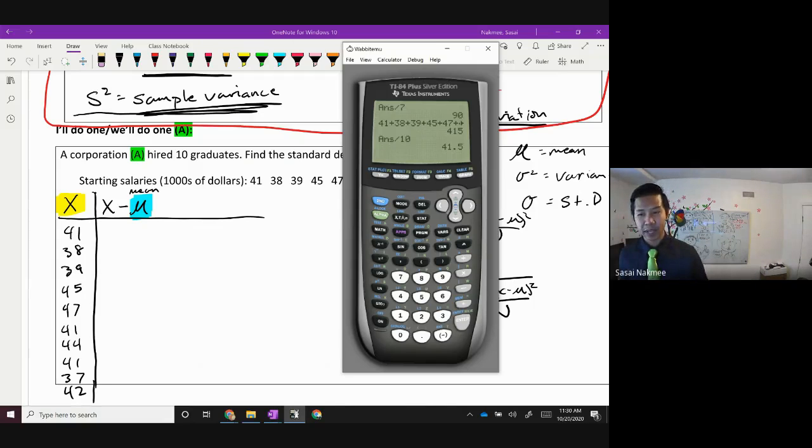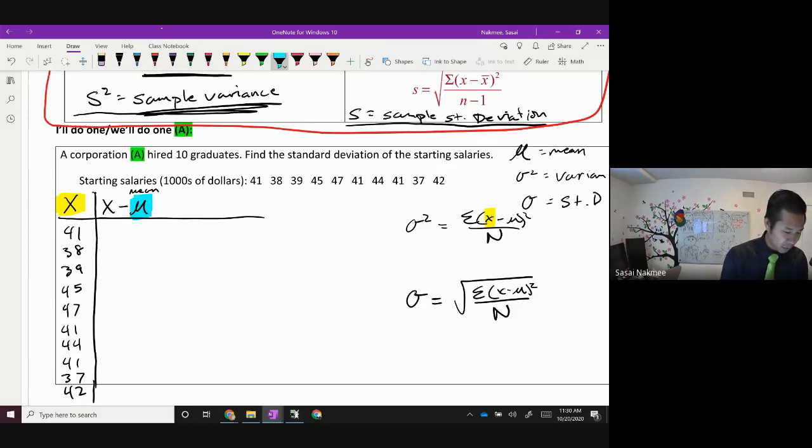Right? 41.5. So here's what I need to do for everything in this column right here. I need to take this answer right here, which is 41, which is the number that I have in this data point, and I'm going to subtract it from 41.5.